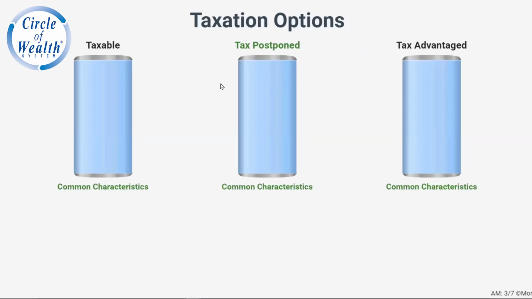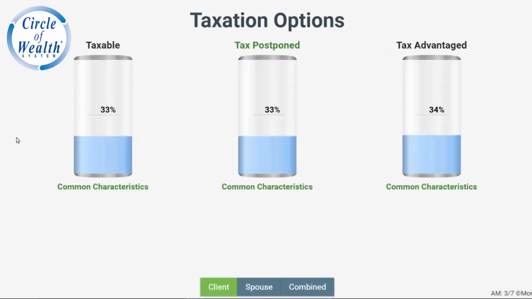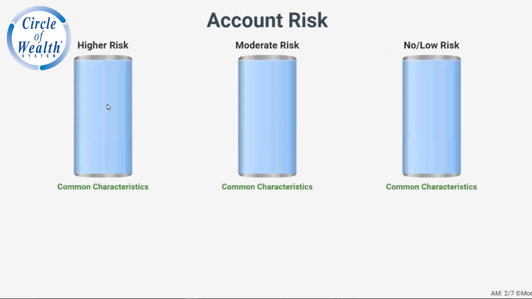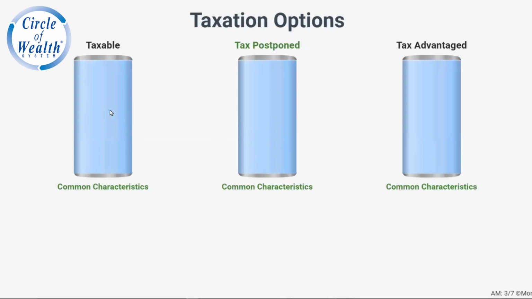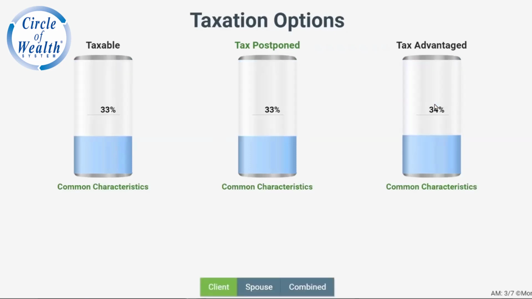But if we get to the taxation options, I want to make sure you understand that you can click on the actual tanks. So right now they're filled up. If you left click on any tank, the tanks come down and then you can fill in whatever percentages. The other thing you can do is click down here under common characteristics.